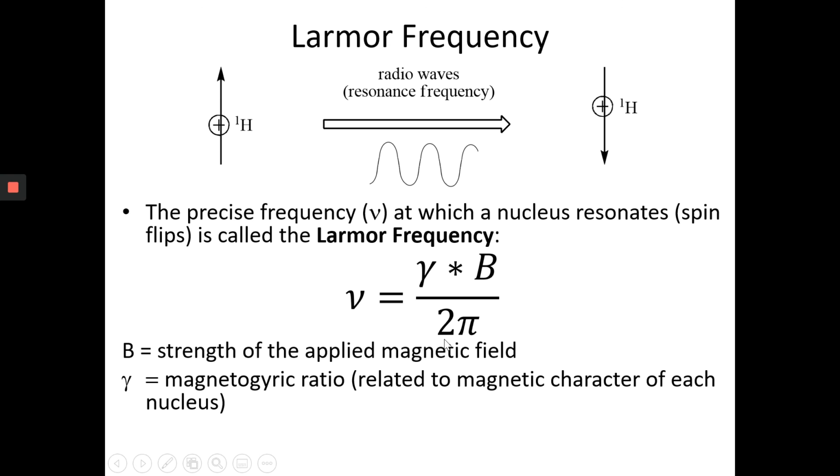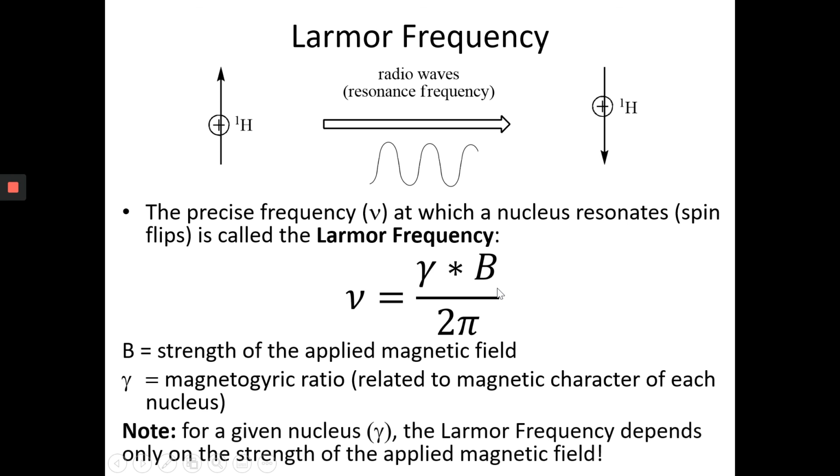So essentially, it's just a constant, right? So this is a constant. 2 pi, of course, is just a constant. If this is a constant and that's a constant, what do we notice about the Larmor frequency? It is, in fact, directly proportional to the strength of the magnetic field, right? For a given nucleus and a given magnetogyric ratio, the Larmor frequency depends only on the strength of the applied field. The bigger the applied field, the higher the frequency.